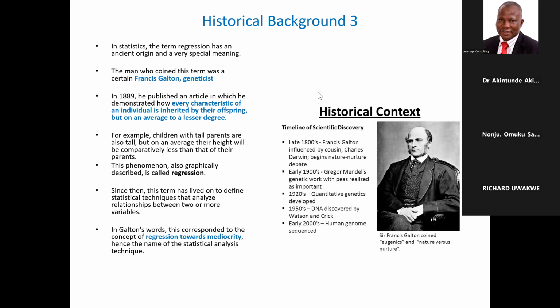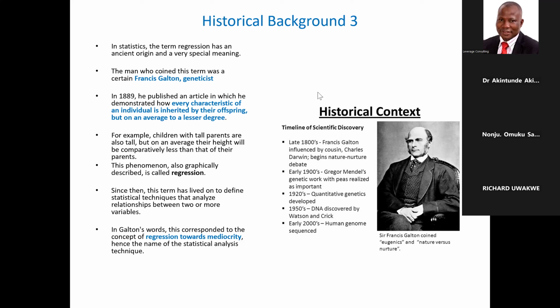This is Galton. In the late 1800s, Francis Galton, influenced by his cousin Charles Darwin, begins the nature-nurture debate. Charles Darwin, the proponent of evolution theory, was a cousin to Francis Galton. So it was Charles Darwin that influenced Francis Galton.